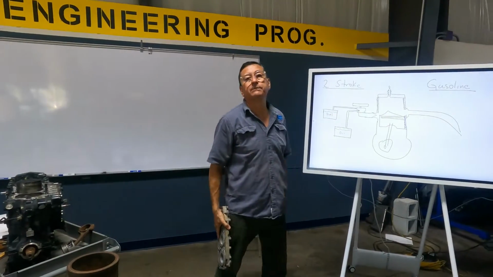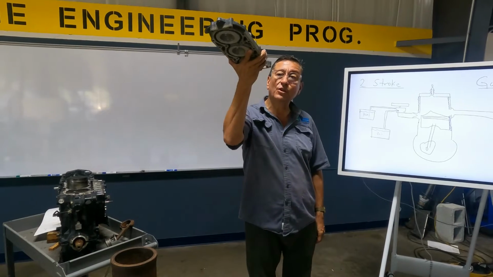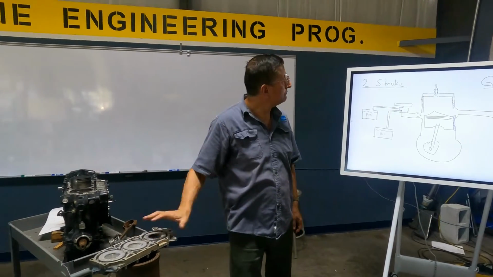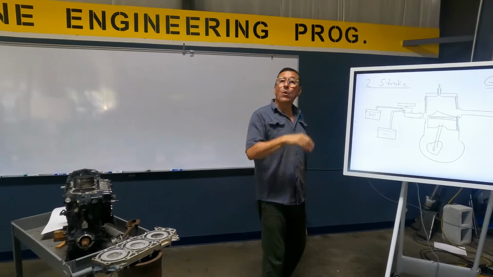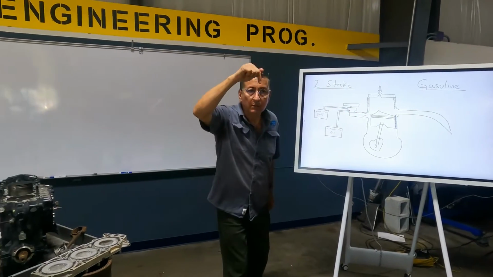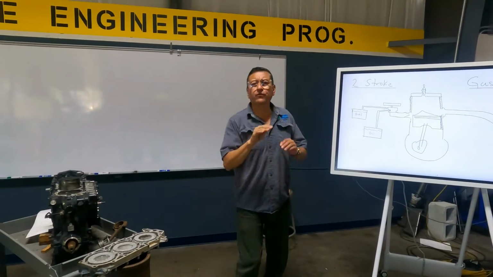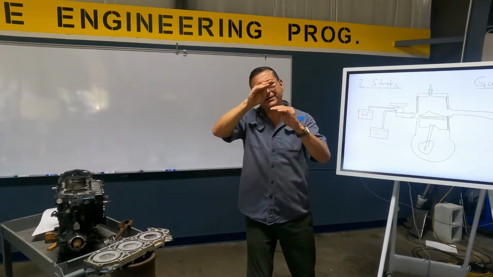This is the head of a 2-stroke gasoline engine. Okay, pay attention. When the piston is going down, in one moment, normally the piston for two-stroke has that shape.